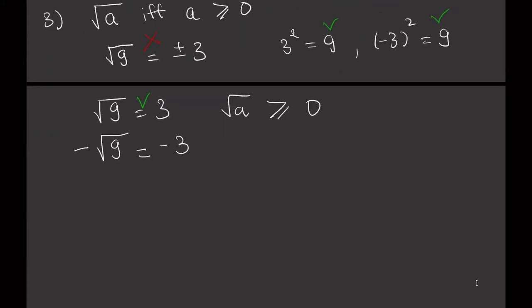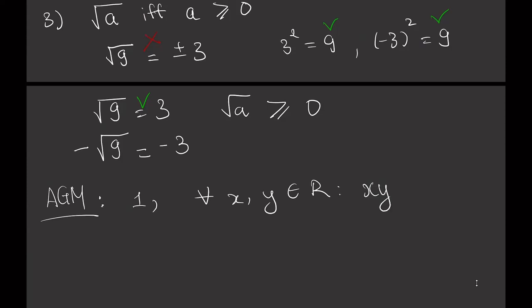Okay, so next thing is AGM. The first version you can use for any x, y real numbers, which is xy less than or equal to ((x plus y) over 2) squared.